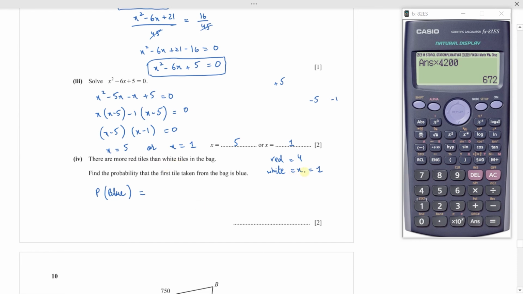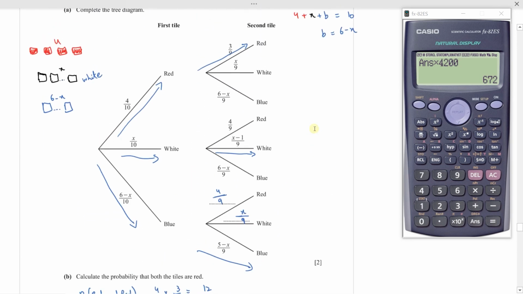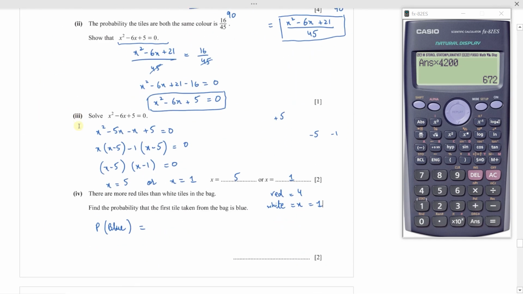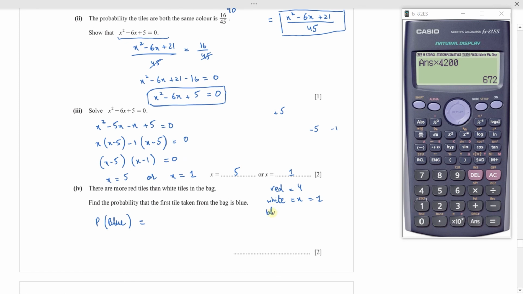So if x is 1, the number of blue tiles will be 6 minus x, which is 6 minus 1, which is 5. So you have 4 red, 1 white, and 5 blue.